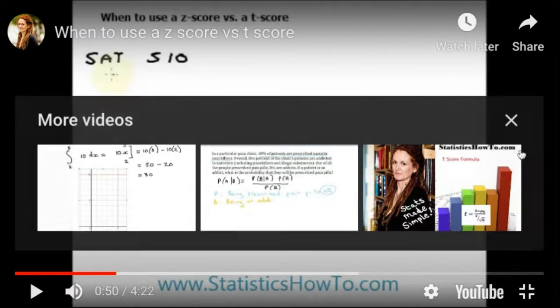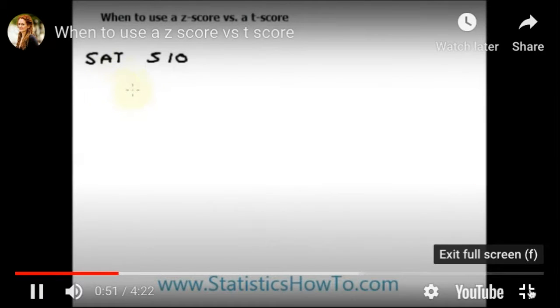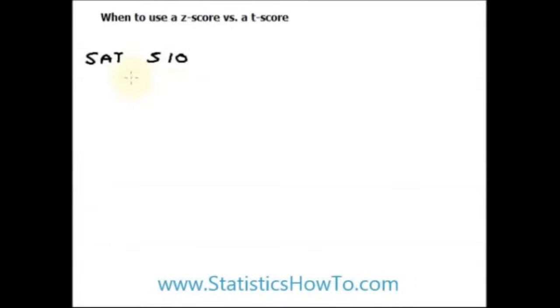Okay? You can look up the standard deviation and the means on the SAT website. And for 2013, we had a mean of 500 and a standard deviation sigma of 110. Our population is definitely more than 30. It's all the students that took the SAT. And we know sigma, so we can use a z-score.